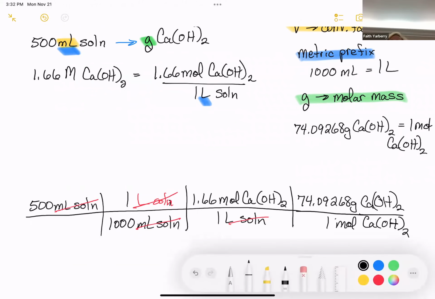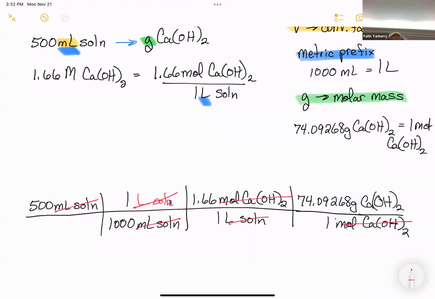The moles had to go in the denominator so that the unit and the substance would cancel out, and we were left with grams. Keying that into the calculator, you get 61.5 grams of calcium hydroxide.